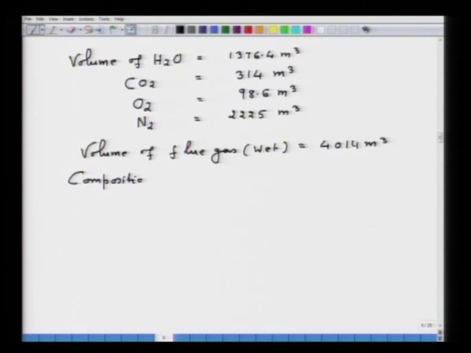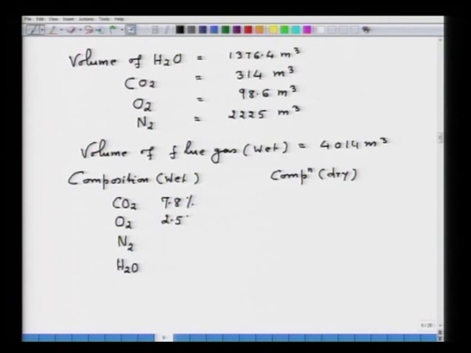Then you have to calculate the composition on wet basis, and you also have to calculate the composition on dry basis. So, we have CO2, O2, nitrogen, and H2O. If you do this calculation, as I already gave in the answer, it is 7.8%, 2.5%, 55.4% and 34.3%.